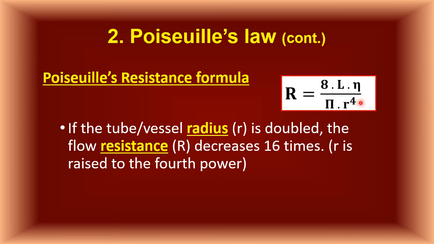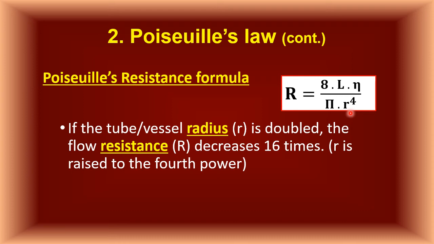So if I put the number 16 instead of r raised to the fourth power, what happens to the resistance? The resistance will drop 16 times, meaning a very low resistance. The resistance drops 16 times if I just double the radius of the vessel.